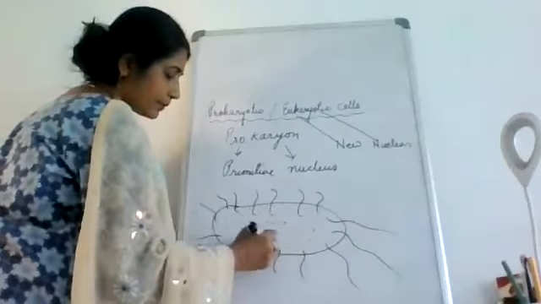And this is the plasma membrane. Are you able to see? Now what can you see in this figure? Whatever organelles are present, this is ribosomes.